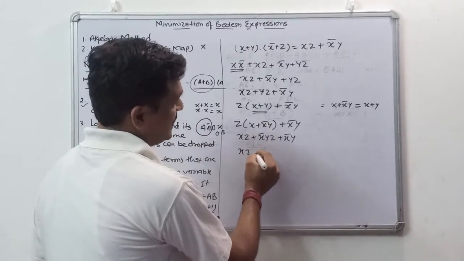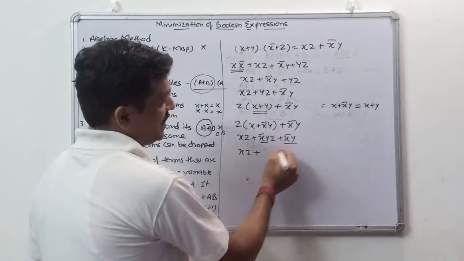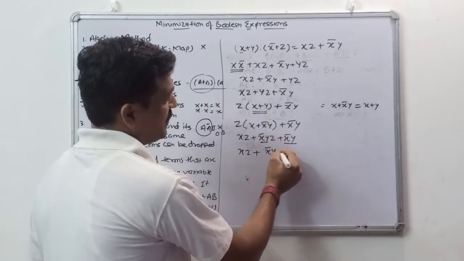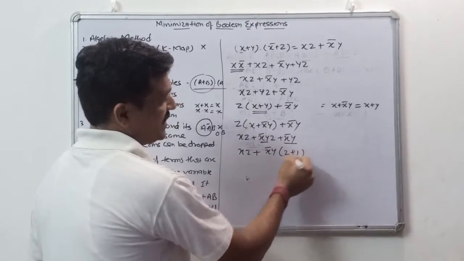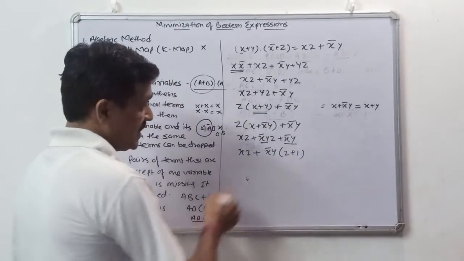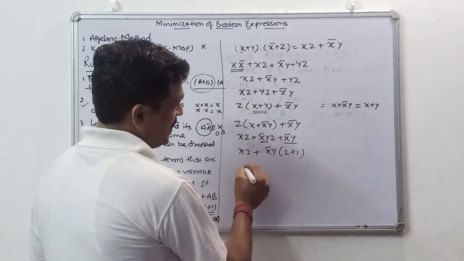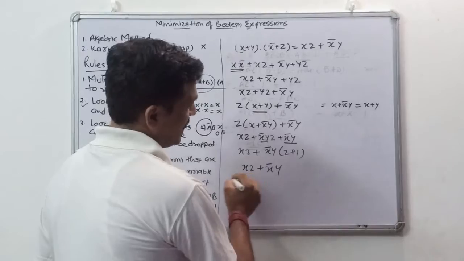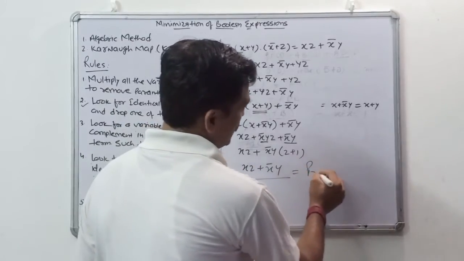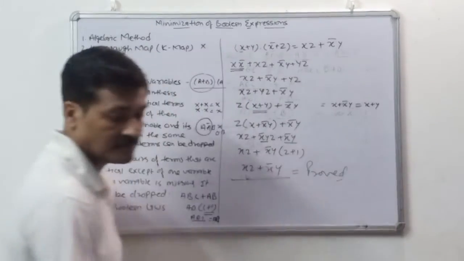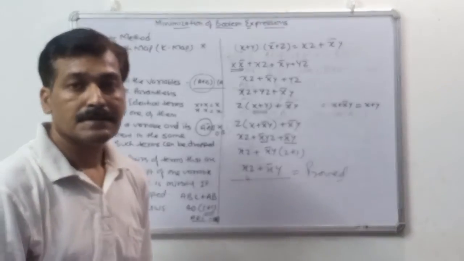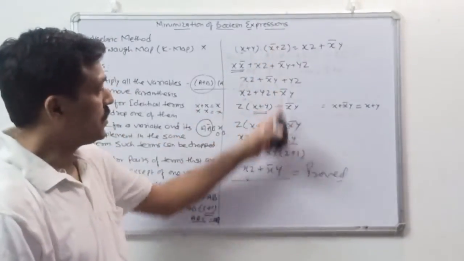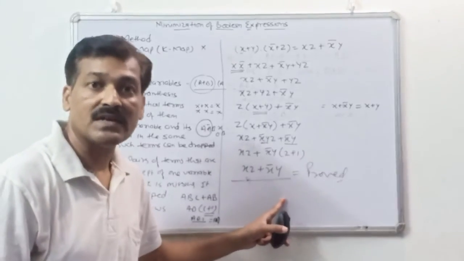Here x bar y is common. We have taken x bar y as common, it is z plus 1. So z plus 1 is 1. So xz plus x bar y, which is the RHS. By this method, we have proved it.